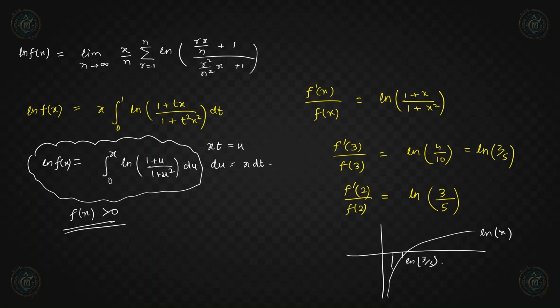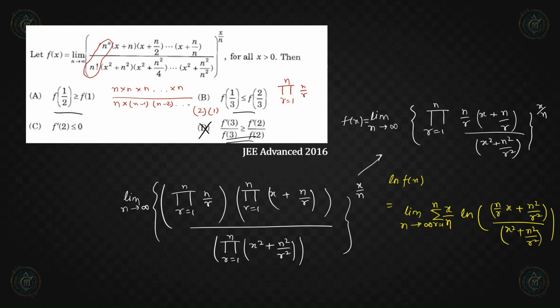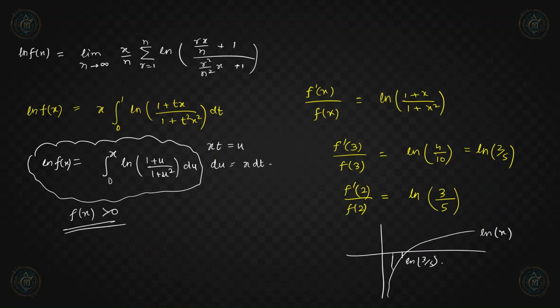So we would have to put some effort into understanding the behavior of this function, log of 1 plus u divided by 1 plus u square. So we prefer to check option C, the next easiest option. So f dash 2 by f2 is our log of 3 by 5. So what will be f dash 2? F dash 2 will be f2 times log of 3 by 5.